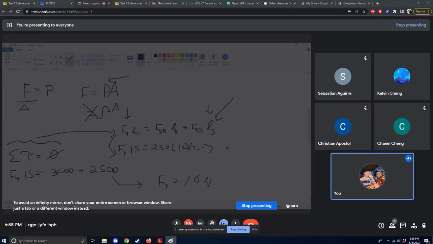Really quick, there was one example where someone in part A did some of the forces. When I looked at their work, I could tell that they got the wrong answer, but it took me a while to figure out why because it was really hard to figure out what they were doing. There were so many steps being skipped that I didn't realize until a little later that the issue was that they weren't doing some of the torques, they were doing some of the forces, which was why the answer was wrong.